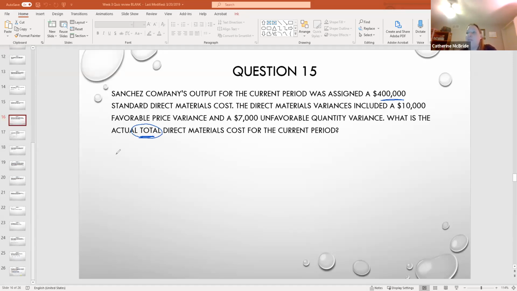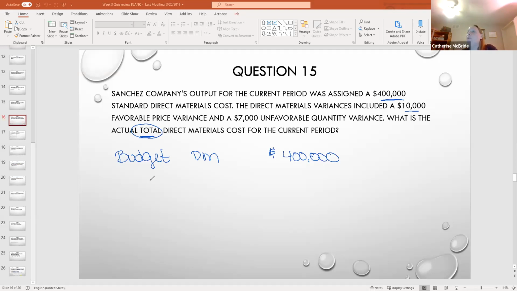So our budget was $400,000 for direct materials. That's what we planned. We want to figure out what we actually spent. The direct materials variance includes a $10,000 favorable price variance and a $7,000 unfavorable quantity variance.